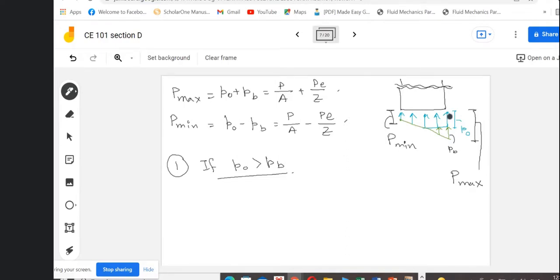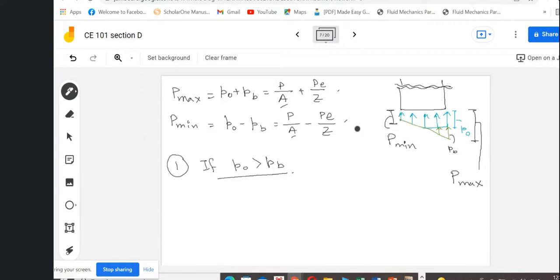So you understood what happened? Initially, we have drawn the uniform stress, that is P naught, which is P by A. For this extreme point, as both cases are compressive in nature, we have added this PB portion, PE by Z. Whereas for this case, the similar amount has been deducted.